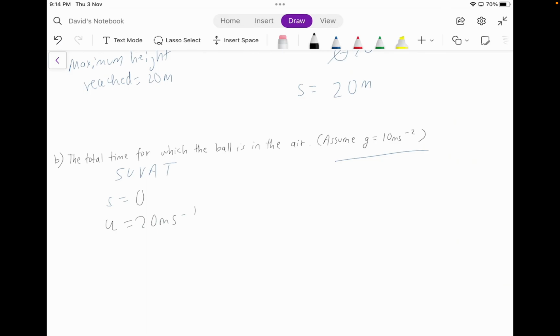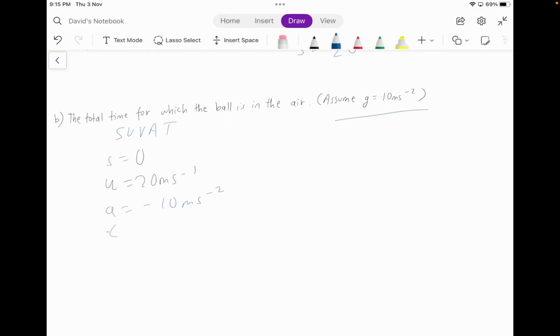We have to take into consideration the acceleration, which is assumed to be negative 10 meters per second squared. So I'm going to write down acceleration: negative 10 meters per second squared. Your time is going to be t, because this is the time for which the ball was in the air, so we're just going to leave it as it is.